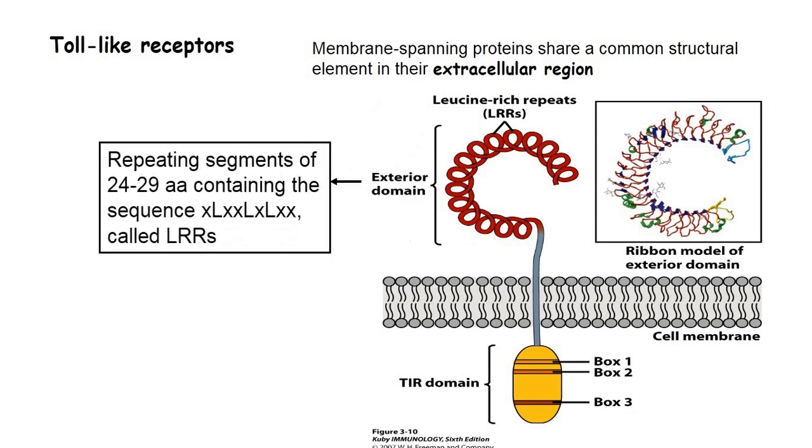On the extracellular domain, you have a repeating segment of 24 to 29 amino acids. These 24 to 29 amino acids contain the leucine rich repeats, that is LRRs.